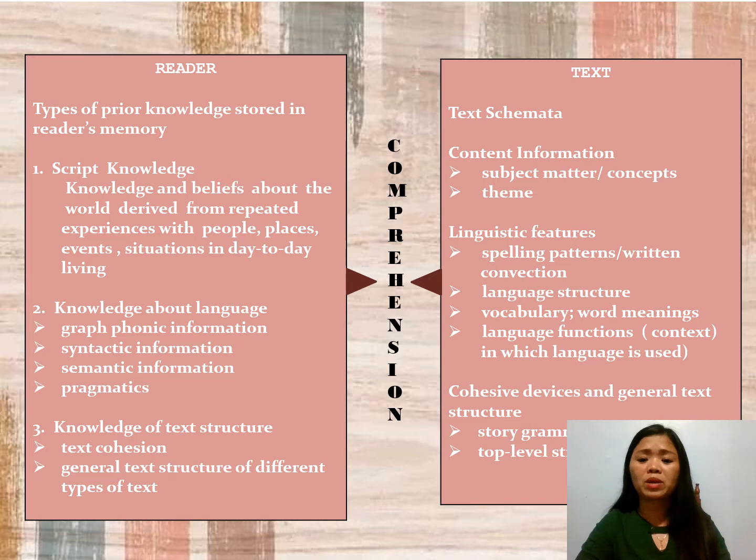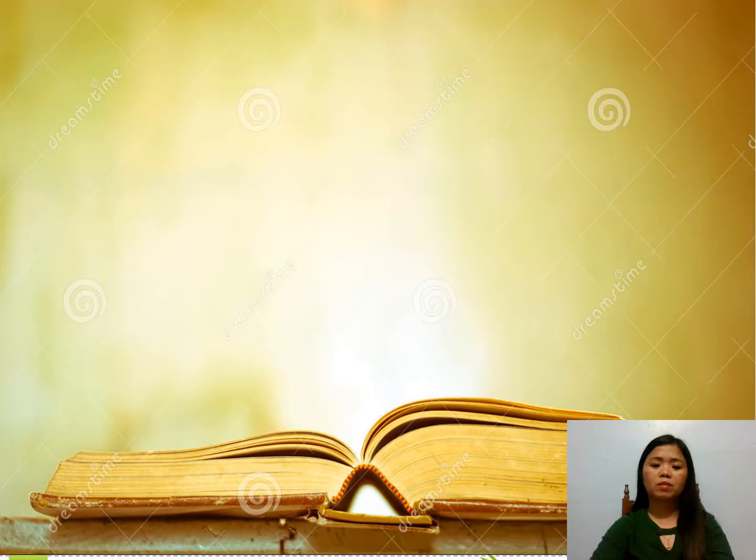So when the prior knowledge stored in the reader's memory interacts with the text schemata, the outcome of this is comprehension. The readers will understand and remember the text that he or she read.